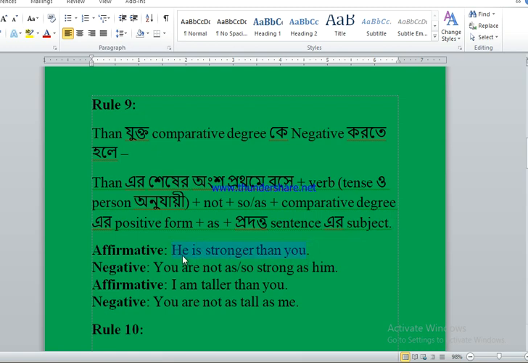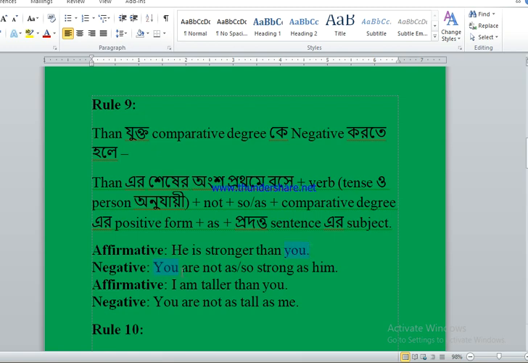Here is an example of an affirmative, comparative degree sentence: He is stronger than you. First you will take the object of the comparative degree, that means in the affirmative sentence, "you".